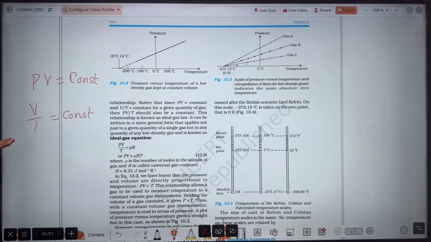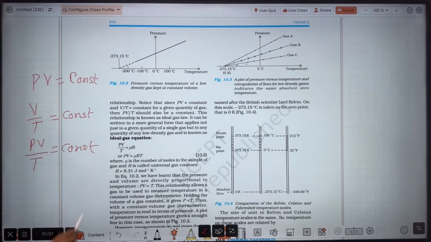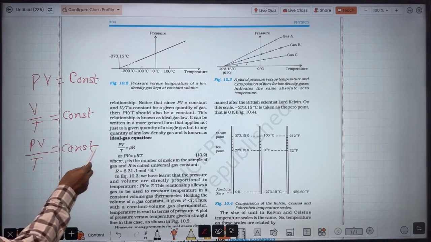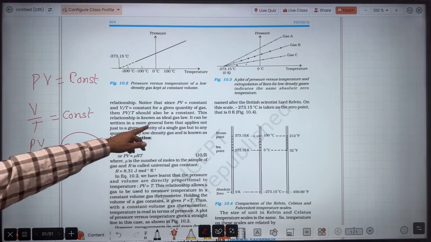So here we can say PV upon T equal to constant. Now we have to determine what constant we can put. So here we can put mu R, right?